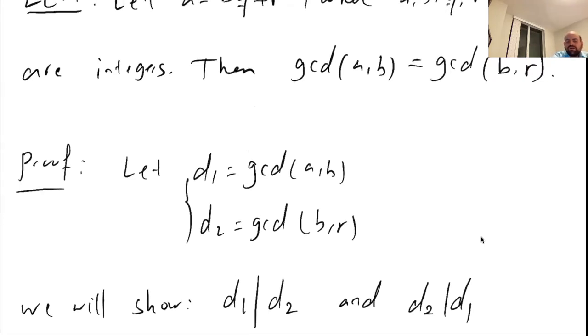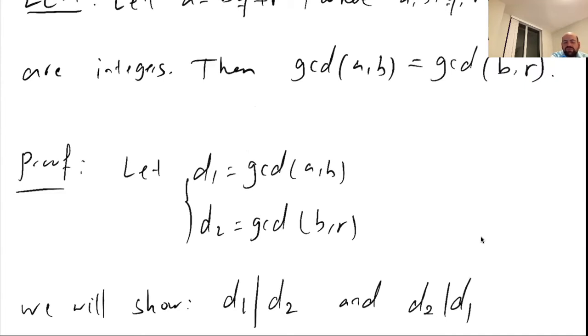Let me compare this with the trick that we use in set theory. In set theory, if you want to show that two sets are equal, let's say you want to show set A equals set B, how would you do that? You would do that by showing that A is a subset of set B and B is a subset of set A, right?